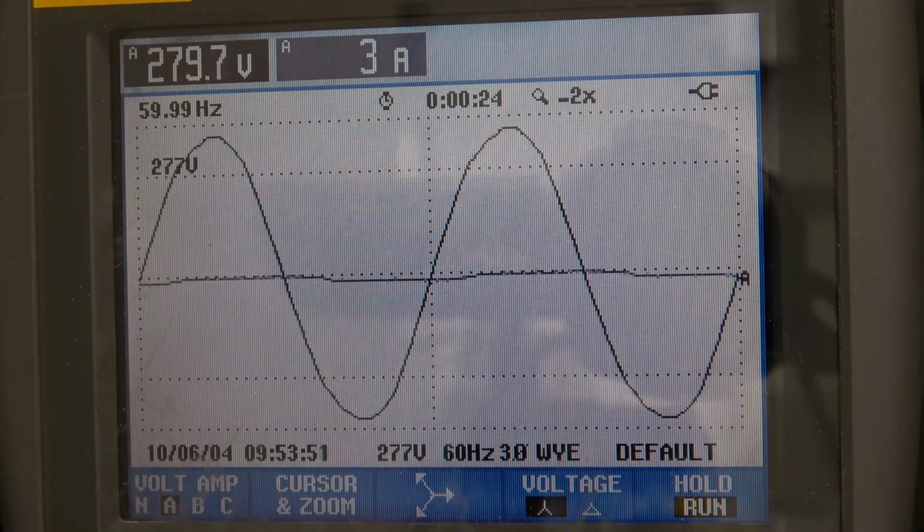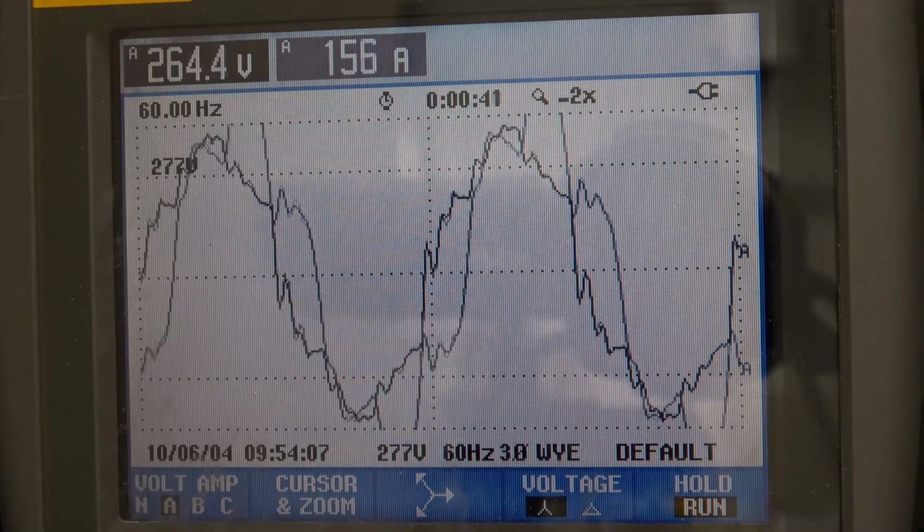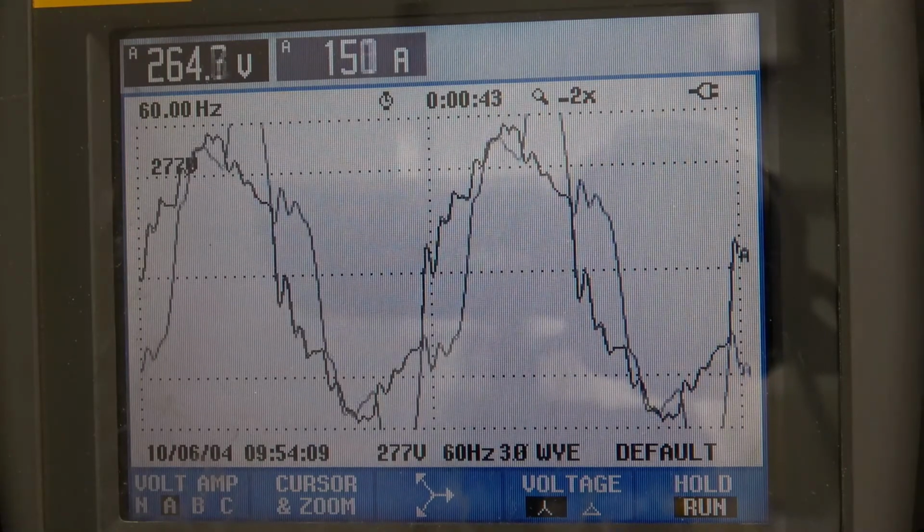What's interesting is if I put a linear load on, like cross-the-line motors and things like that, I might get a little bit of a voltage drop, but my current doesn't distort my voltage until on top of that I add in my harmonic current distortion from my drives, and now I have significant voltage distortion.